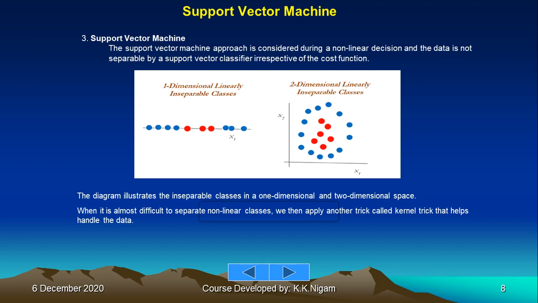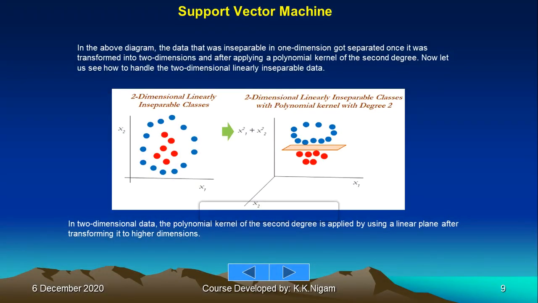Now the diagram illustrates the inseparable classes in one-dimensional and two-dimensional spaces. When it is almost difficult to separate non-linear classes, we can apply another trick called the kernel trick that helps handle the data. Now in the above diagram, the data that was inseparable in one dimension got separated once it was transformed into two dimensions.